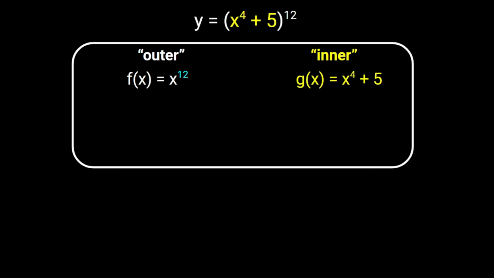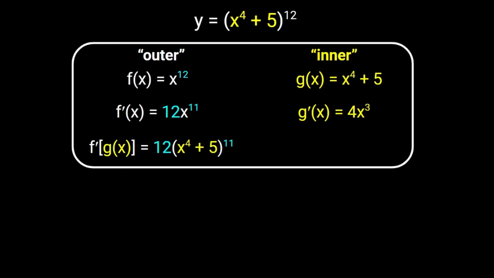So to do the chain rule, you essentially just differentiate both of those functions. You differentiate the outer and you differentiate the inner, but keep in mind we're not done with the outer function. We now have to take that f prime of x, that 12x to the power of 11, and we have to form a composite function. Basically input g of x into the derivative of the outer function. So take your 12x to the power of 11 and your input becomes the yellow g of x, x to the power 4 plus 5.